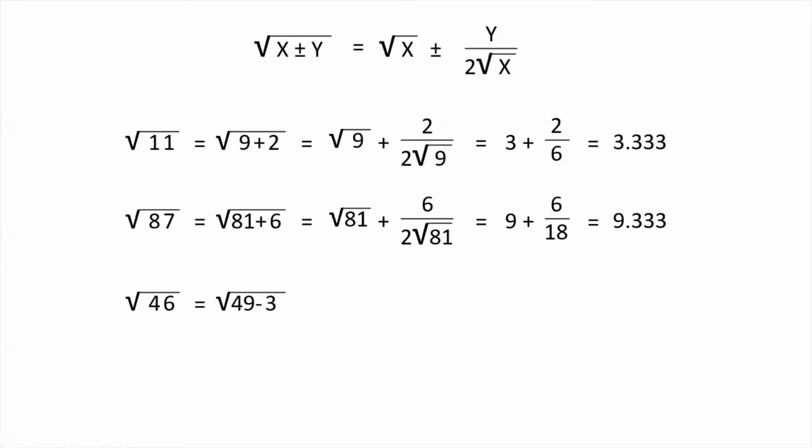My x is 49, y is 3, and the sign is negative. So it comes as root of 49 minus 3 divided by 2 into root 49. That is 7 minus 3 by 14. If I calculate this, it comes as 6.785, which is the square root of 46.